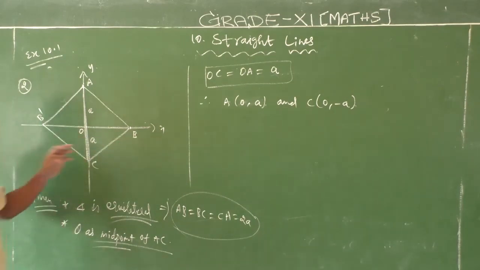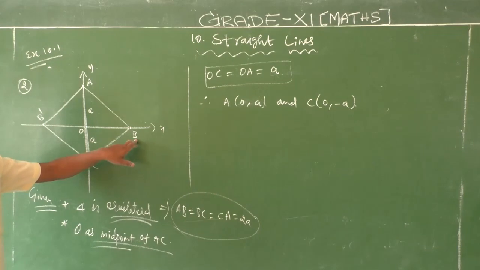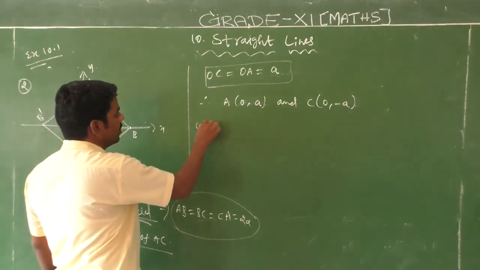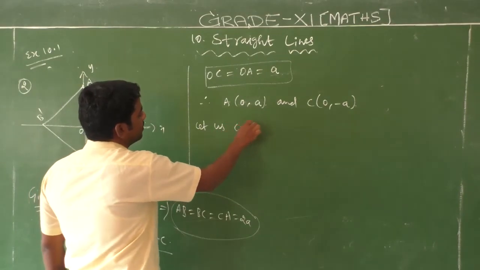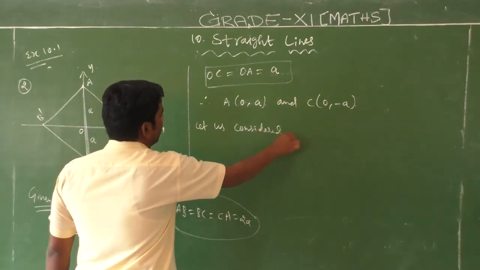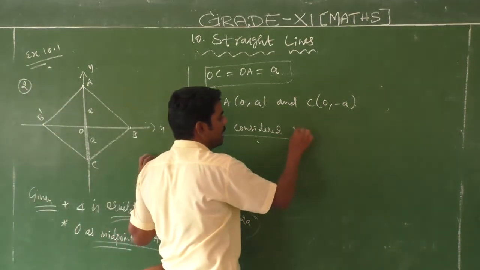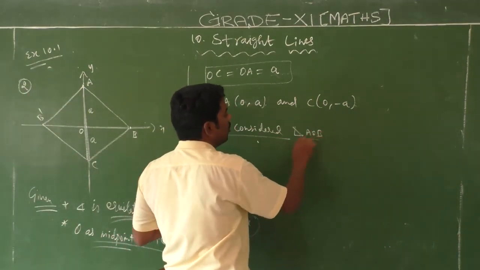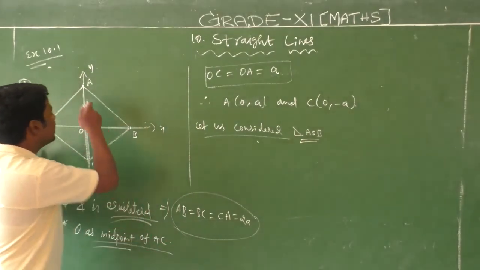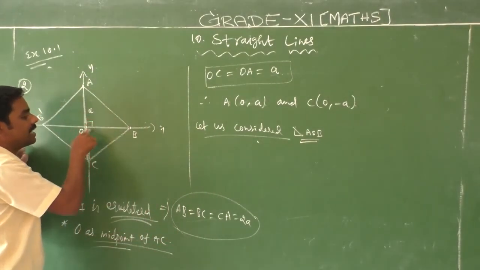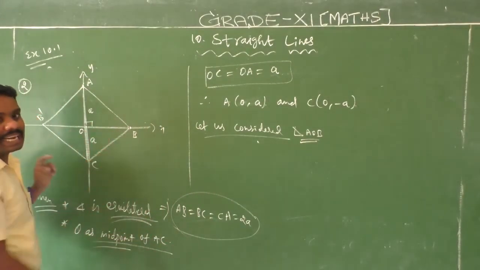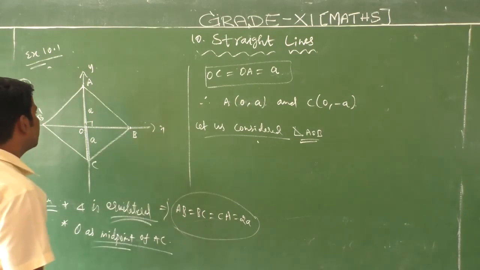Now we need to find the vertices B and B'. Let us consider, from the diagram, triangle AOB, which is a right angle triangle.